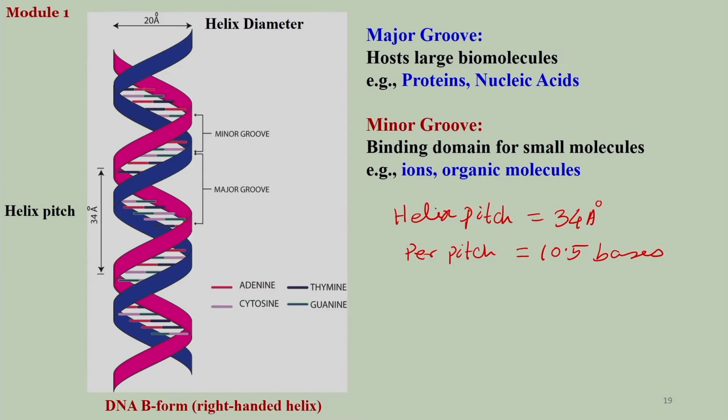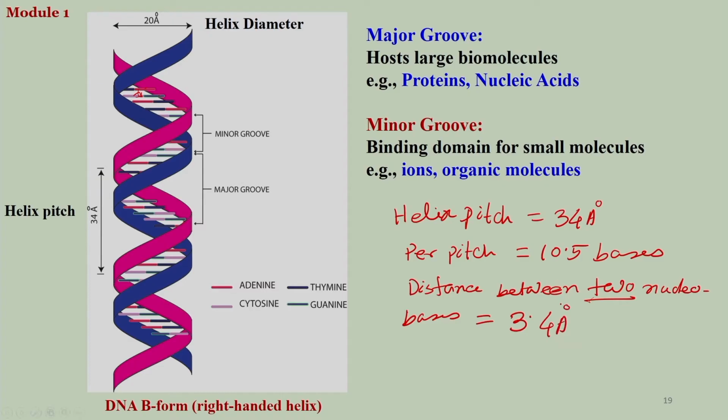If you look here, one nucleobase and the second nucleobase on top of each other, the distance between two neighboring nucleobases is approximately 3.4 angstrom.